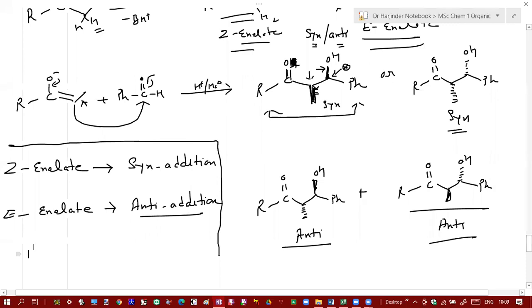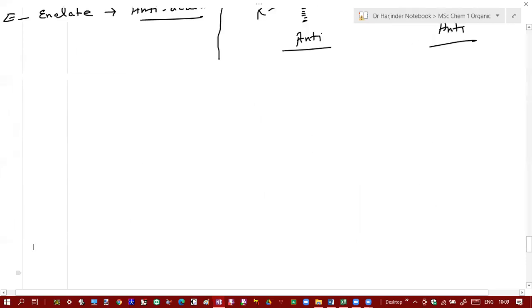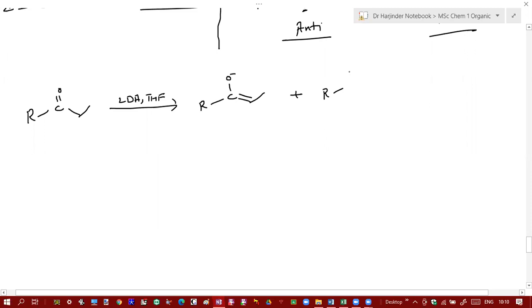Okay, so let's see examples. Again, we take the same situation, and when you treat this molecule with LDA, lithium diisopropylamide, you get a mixture of 2 enolates, a Z enolate and an E enolate.